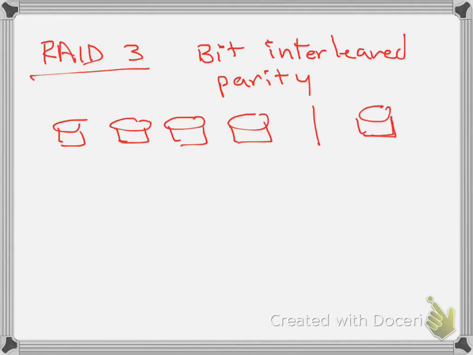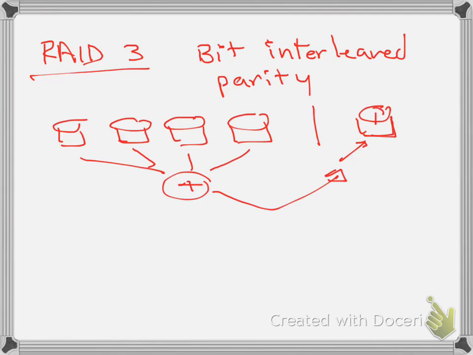Only. And then, in order to calculate the parity here, they will take this and this, XOR them, and write the data here. With this, they can choose either odd parity or even parity, but they will have only one disk for parity bits.